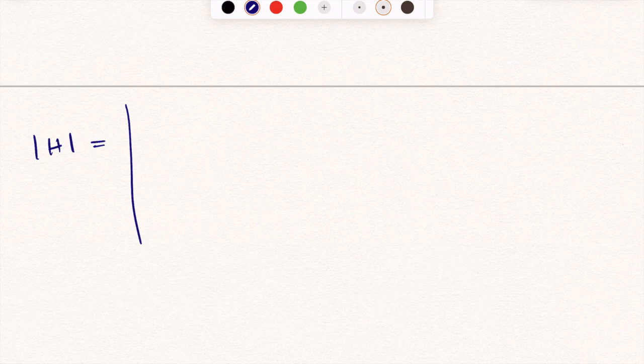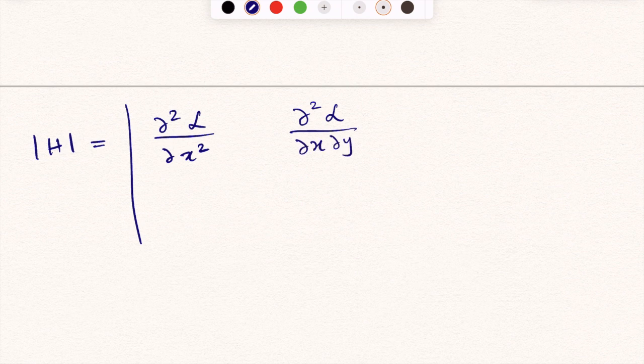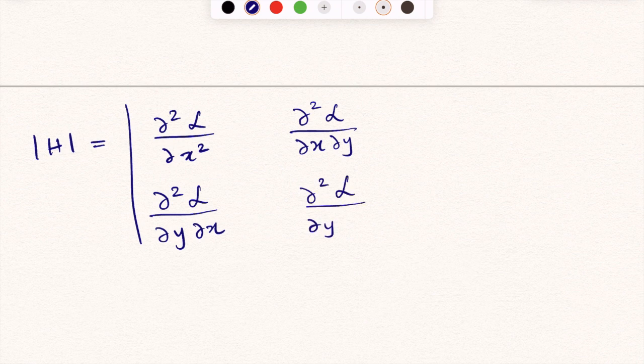If you remember again from class, the Hessian matrix is nothing but the second order derivative of the Lagrangian with respect to x, then x with y, then y with x, and finally the second partial derivative with respect to y. So let's solve for these values.